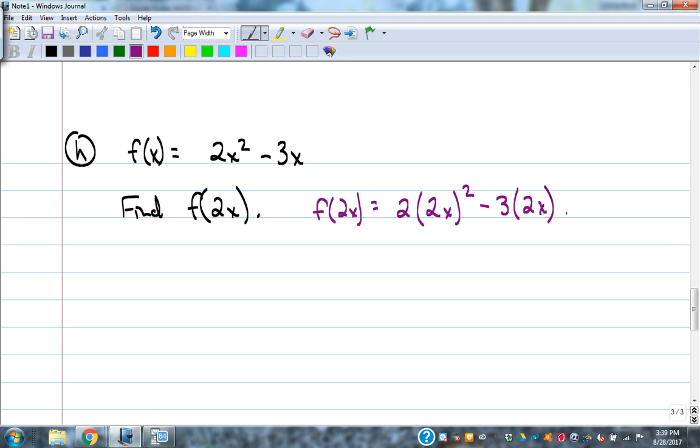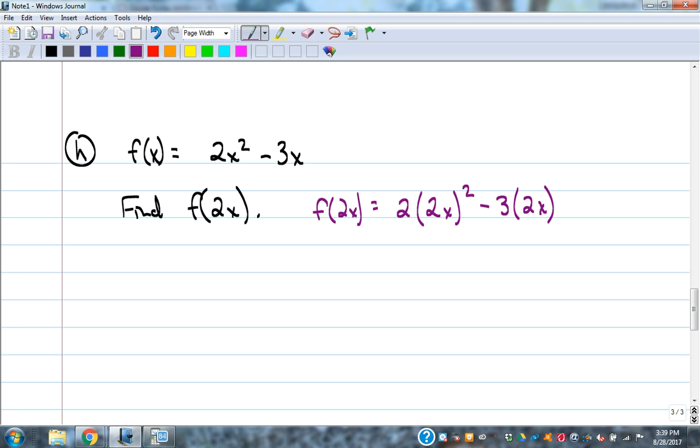And then we're doing math, so we have to follow what set of rules? Order of operations is exactly what we're going to recover here. So which one comes first? Parentheses. Okay, so we look in the parentheses. Is there any operation in the parentheses that we can do? No. So the next step, exponent. There's an exponent on the 2x, so we're squaring 2x. What does it mean to square something? Times itself, right?